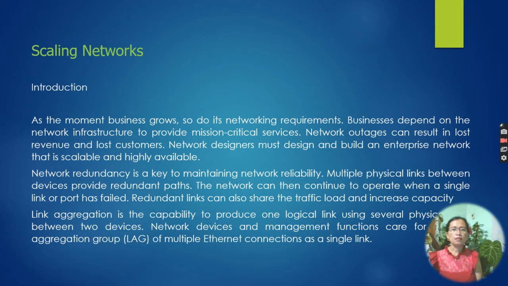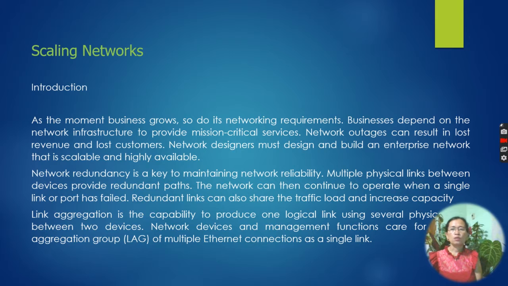Network redundancy is key to maintaining network reliability. Multiple physical links between devices provide redundant paths. The network can then continue to operate when a single link or port has failed.